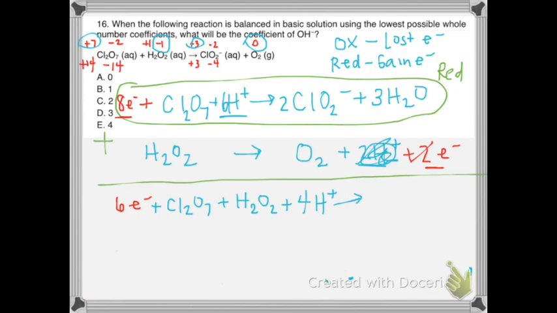Okay, and then we'll have our 2ClO2 minus, our 3 waters, and our oxygen gas on the right.